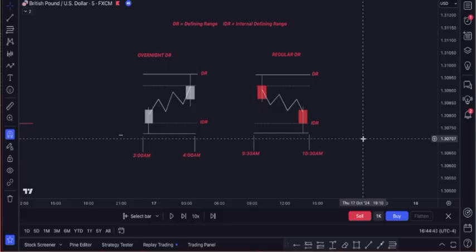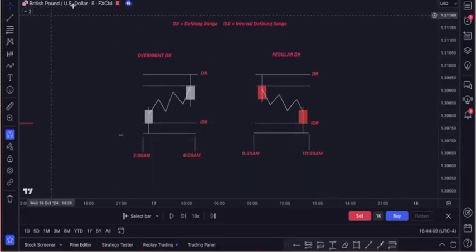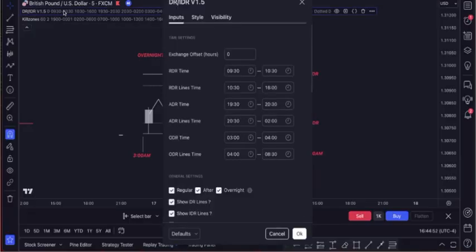So everyone go ahead and open up your TradingView, open up indicators and search DR and IDR. Once you've opened up that indicator, I want you to go ahead and open up the settings. Let's set it all up before we get into how to apply this indicator and make use of it.